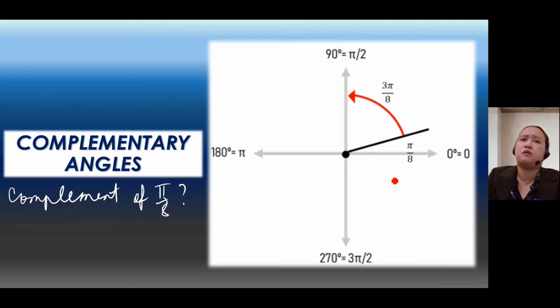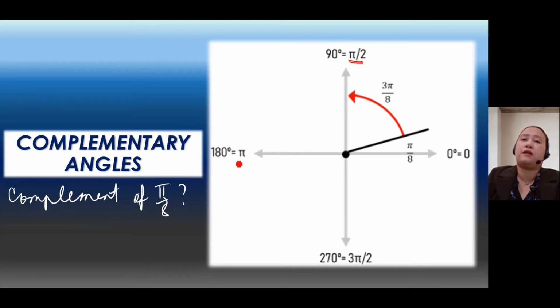There are those who compute for the complement by converting to degrees first and then graphing. For some, you can graph, or if you know that, for example, if we have here 0, then in the counterclockwise direction, 90 degrees is equivalent to pi over 2.